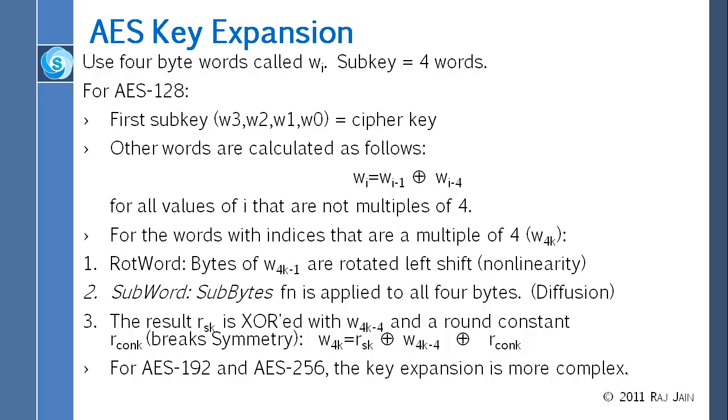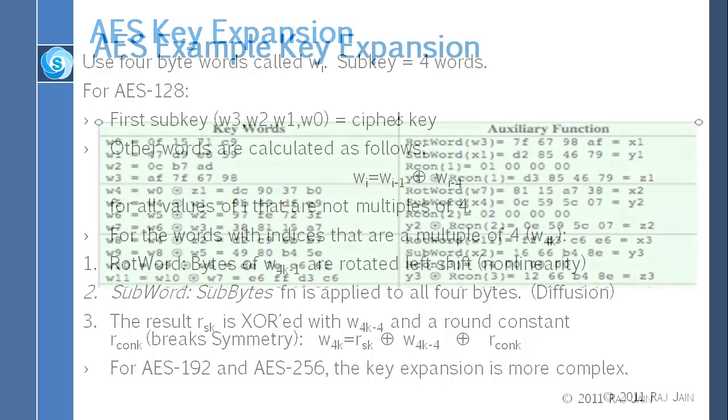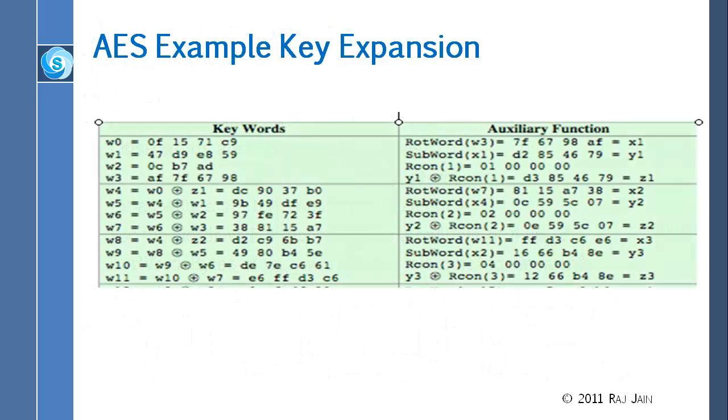So k minus 1 and k minus 4. Okay, so we have to exclusive OR that to W0. So if I exclusive OR D3 with 0F, I should get this, DC. I have not verified it. Let's see. D3 and 0F should be at least D right there.